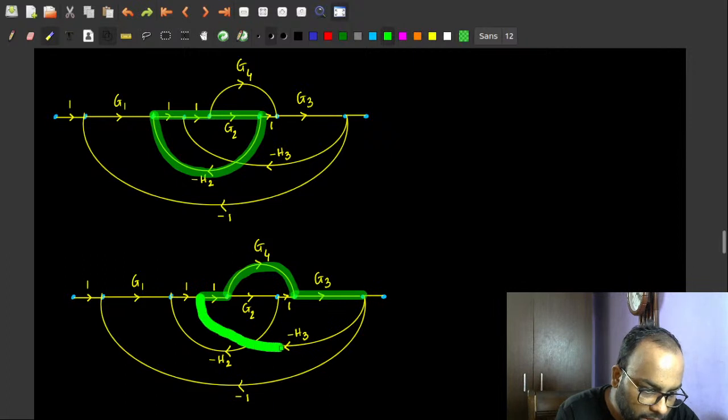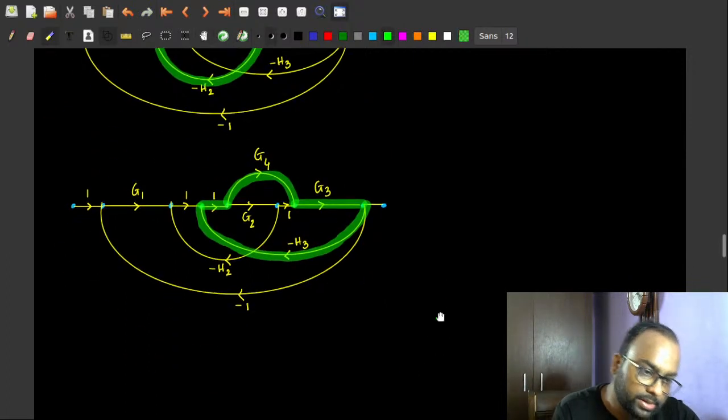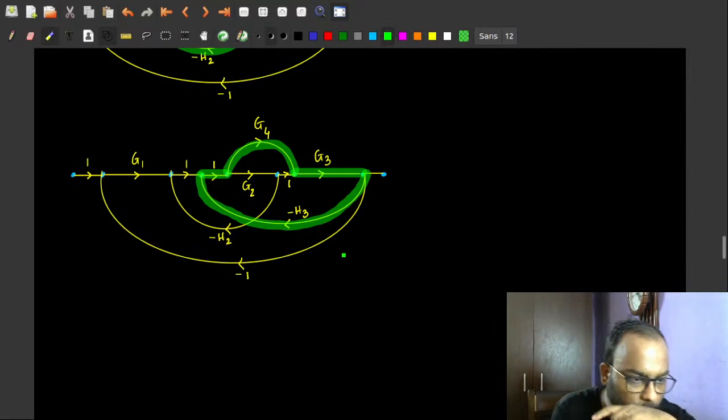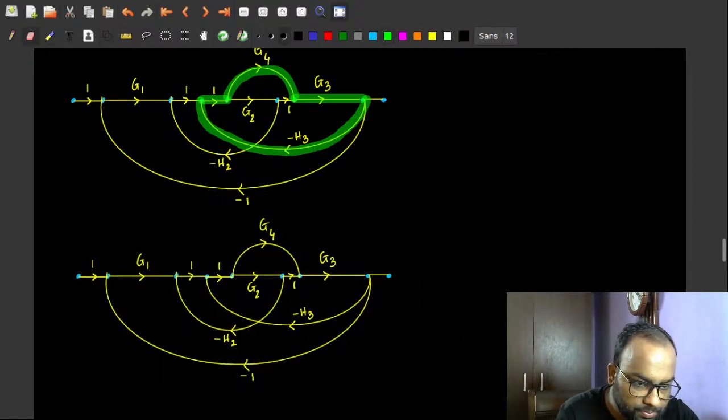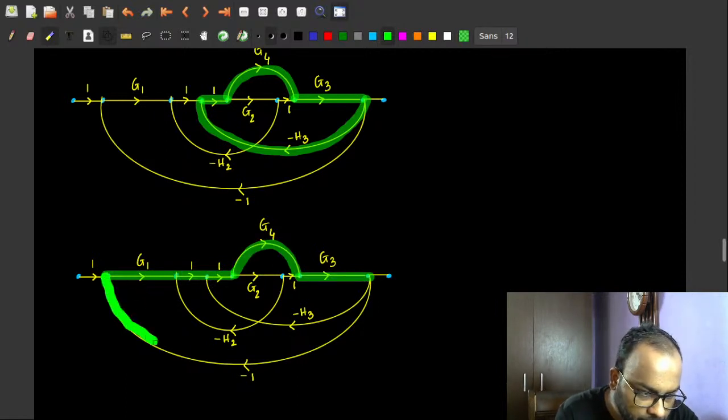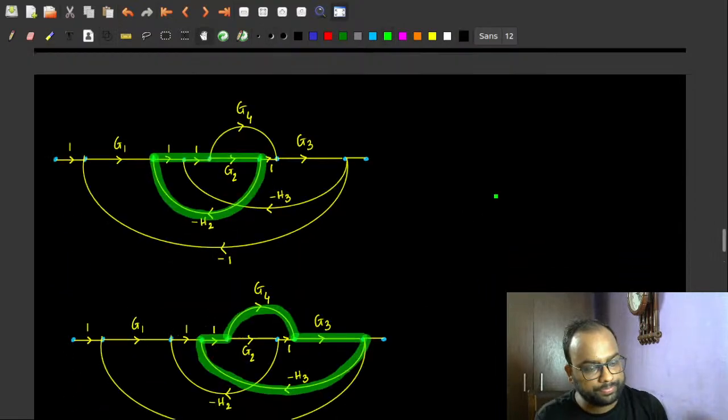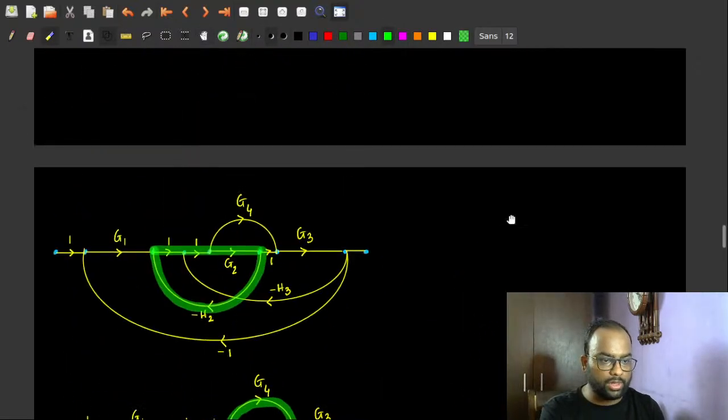So that's another loop. All right, that's another loop. What else is a loop? I have another loop. All right, so these are all the possible loops here.